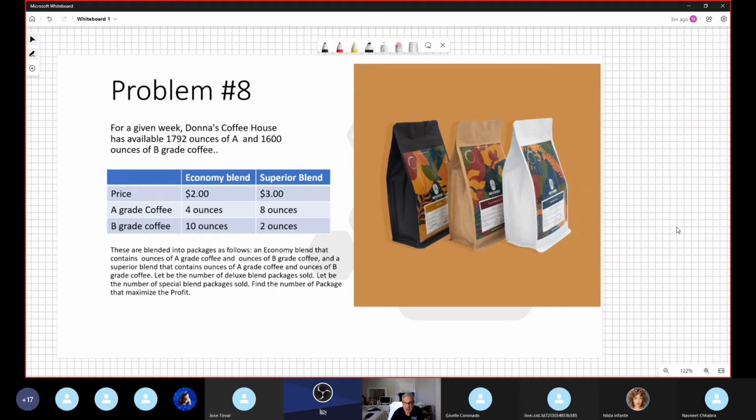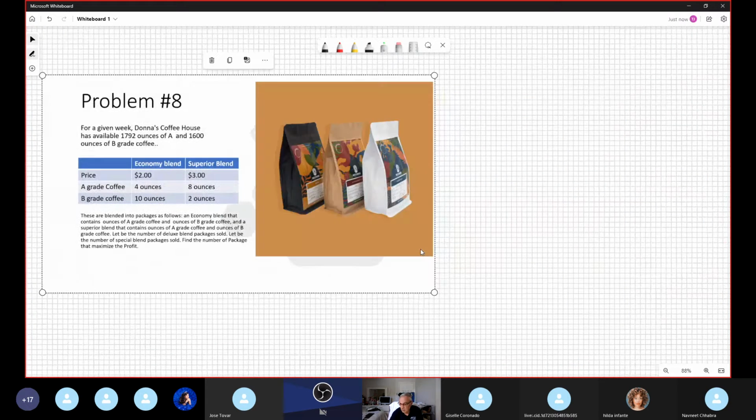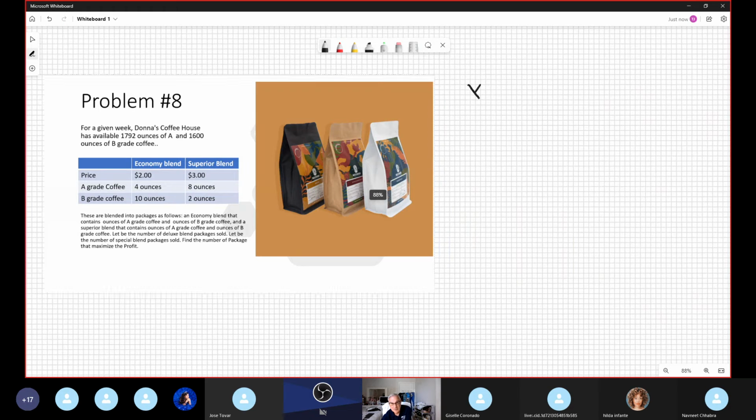Suppose, how do you solve that? How do you organize this problem? This is interesting. Look, you take a piece of paper and you call X the number of packages you sold of the economy blend.